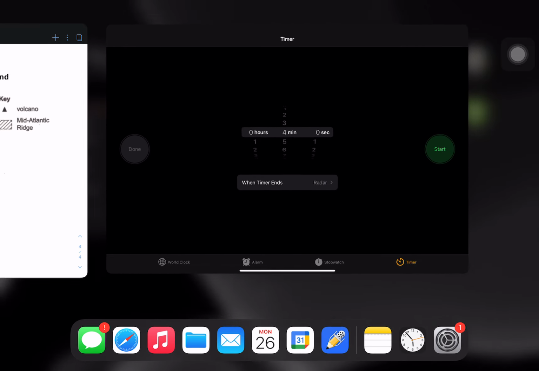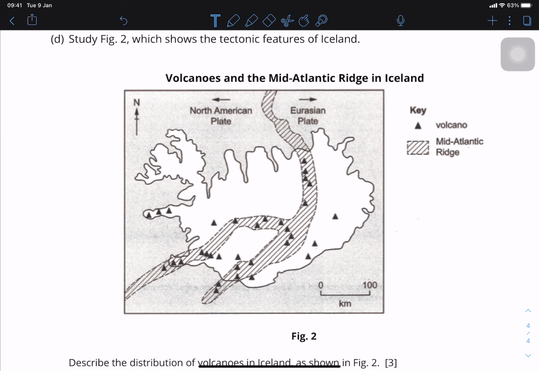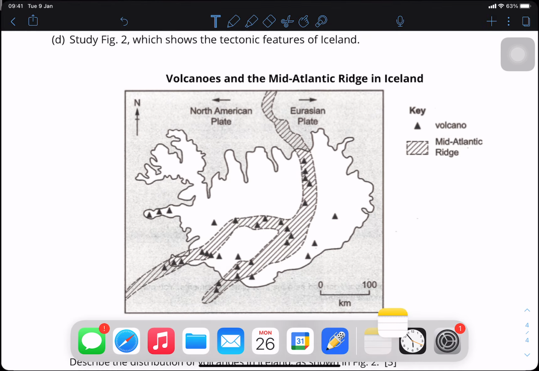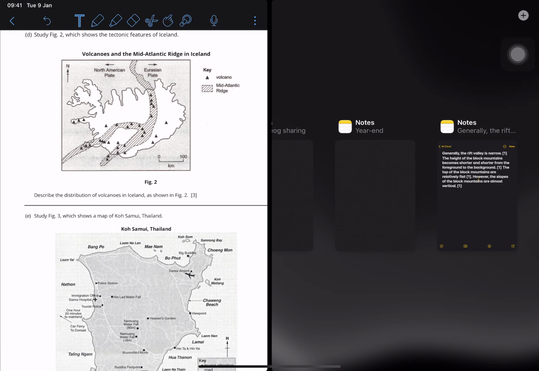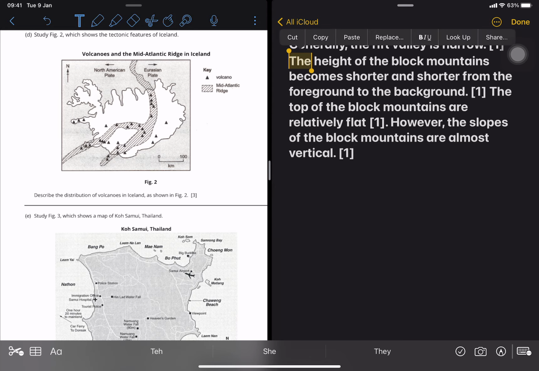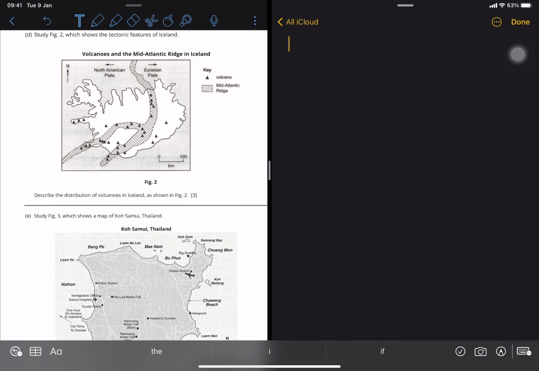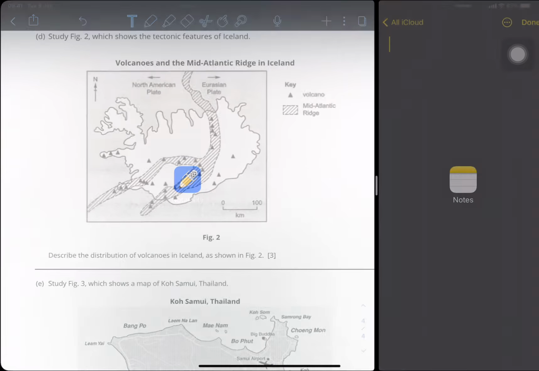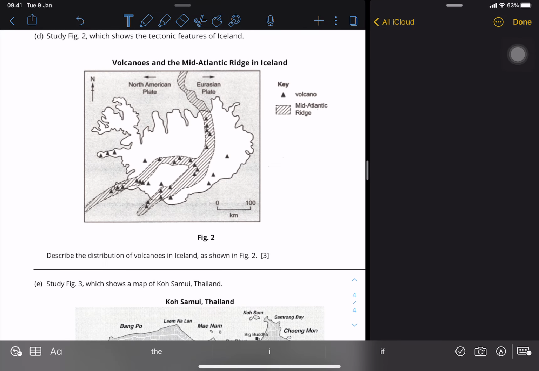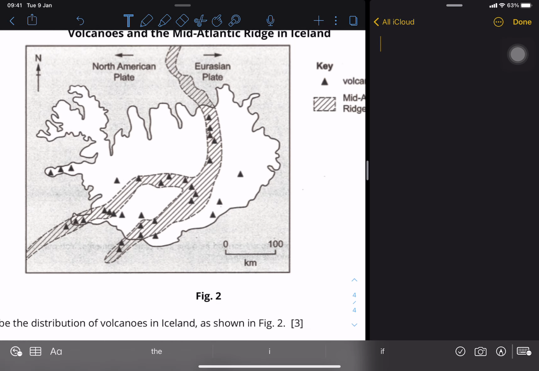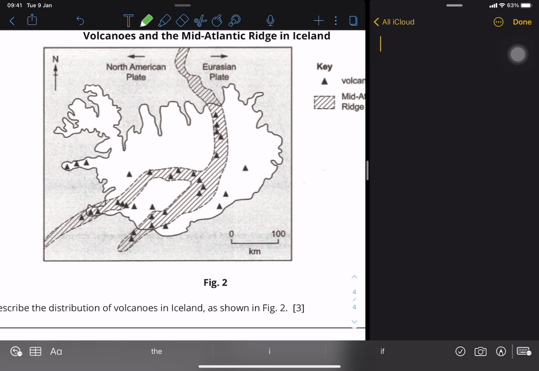Now let's take a look at the possible points for this. All right, let me just put notes over here. Okay, let's just analyze this together. I see that a triangle stands for volcano. I must describe the distribution of volcanoes in Iceland.